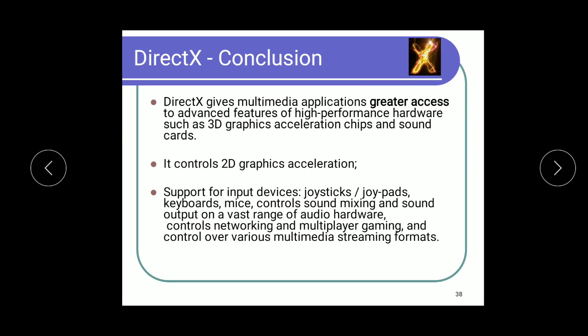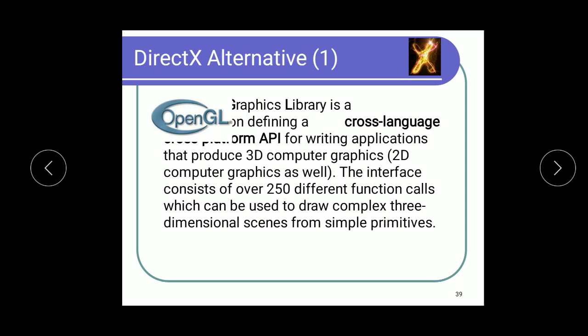It controls 2D graphic acceleration, and supports input devices like joysticks, joypads, keyboards, mice. Then it controls sound mixing, sound output on a vast range of audio hardware, and controls networking. These are the features in which they are used, including multimedia streaming formats.